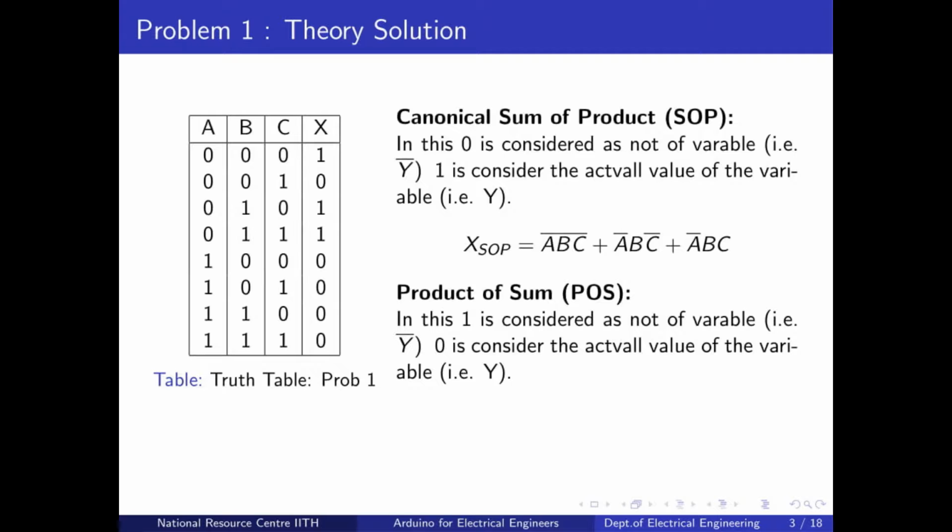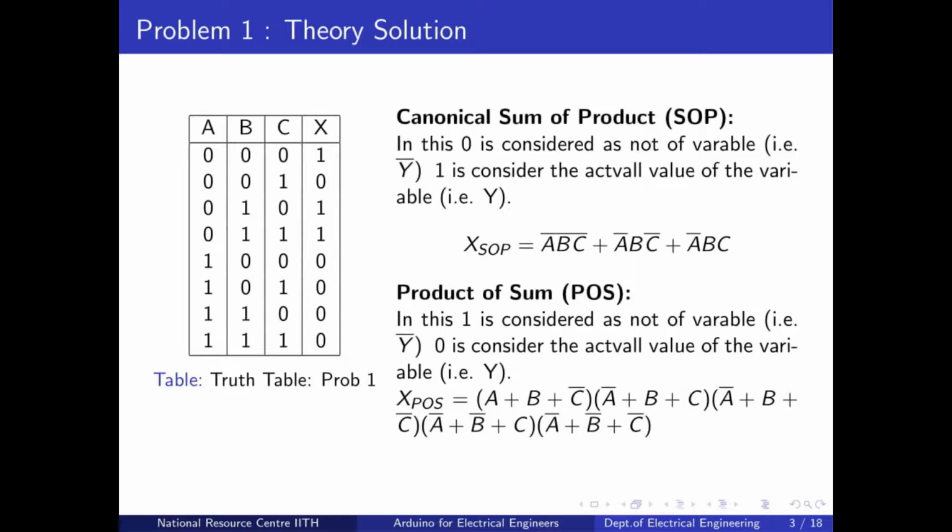X_POS = (A plus B plus C bar) into (A bar plus B plus C) into (A bar plus B plus C bar) into (A bar plus B bar plus C) into (A bar plus B bar plus C bar).